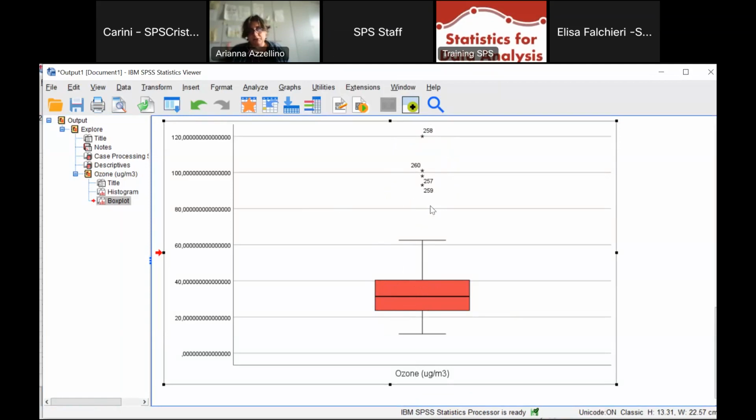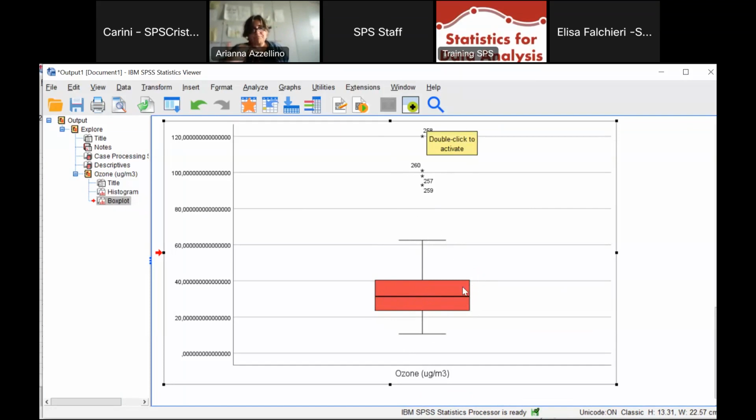It's very possible that this is the reason for the difference we were observing between the sample mean and the median, this black line at the center of the box, the 50th percentile. And we can see, looking at the shape of the box, the whiskers, which represent the minimum and maximum values considered not outliers, using the criterion of the interquartile range.